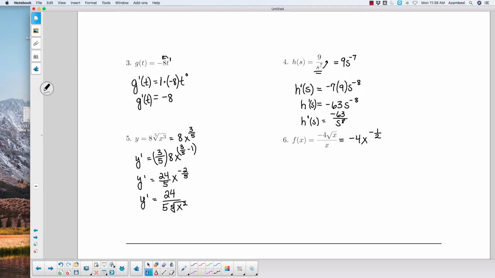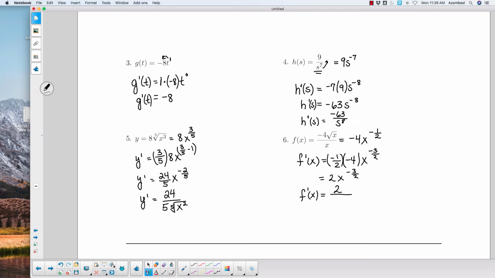All right, taking the derivative, f prime of x is -1/2 times -4 x. -1/2 minus 1 gives me -3/2. -1/2 times -4 is 2, and x to the -3/2 power, which, giving it back in the same form, means that I have 2 on the top.